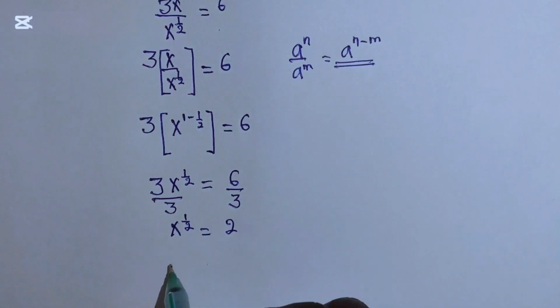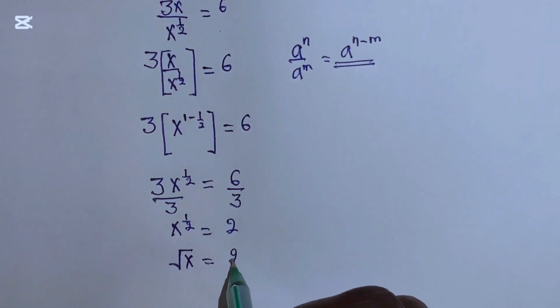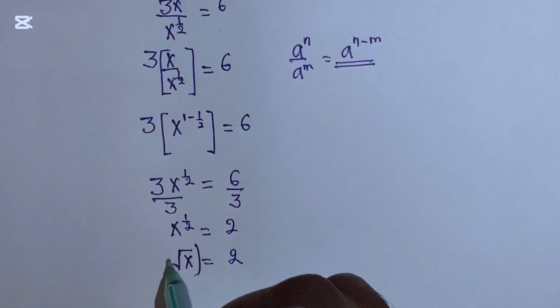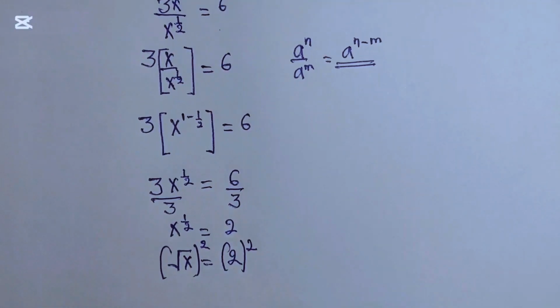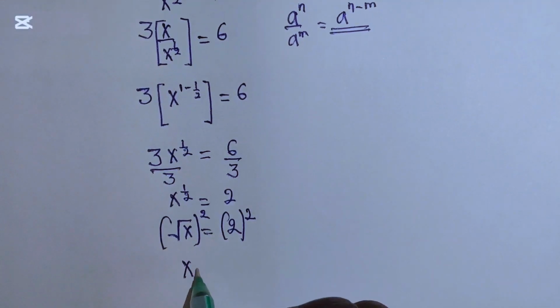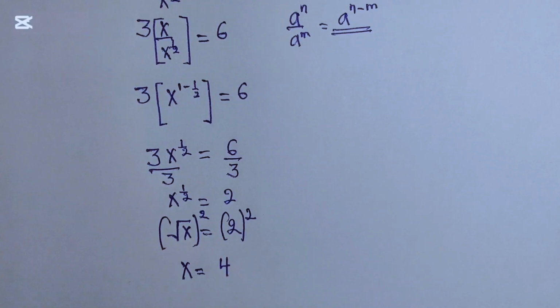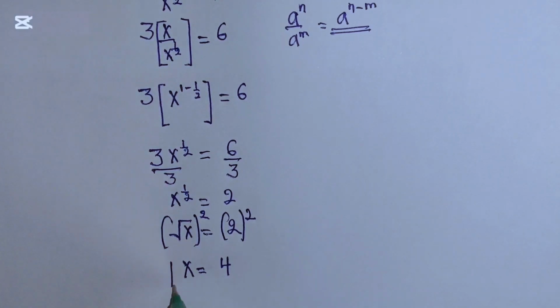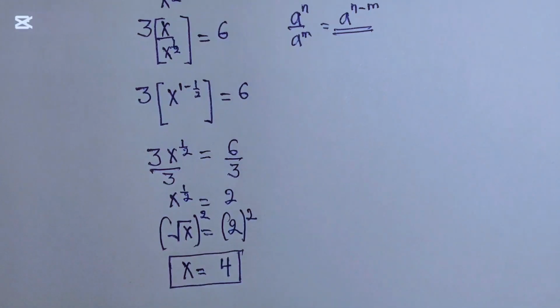Here we can write the square root of x, which equals 2, then square both sides to get x, which equals 4. Our x here is equal to 4.